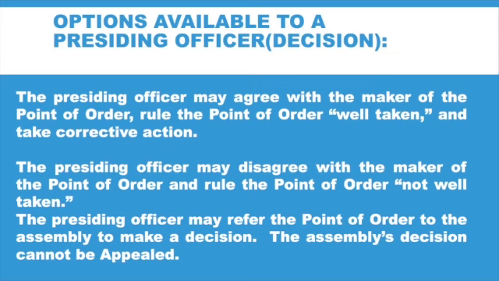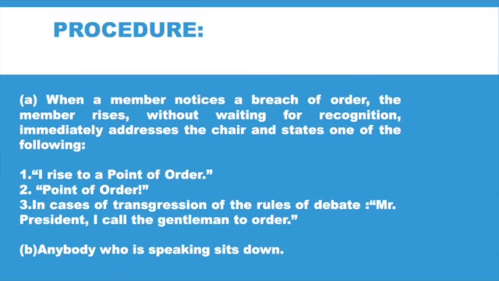The officer may refer the point of order to the assembly to make a decision. The assembly's decision cannot be appealed. So this third option is allowing the assembly basically to vote on whether the point of order is well taken or not well taken. That decision cannot be appealed. We just move forward.